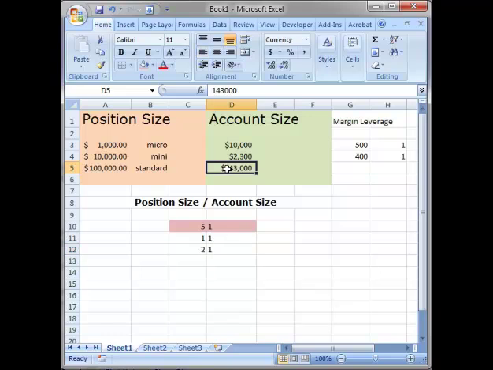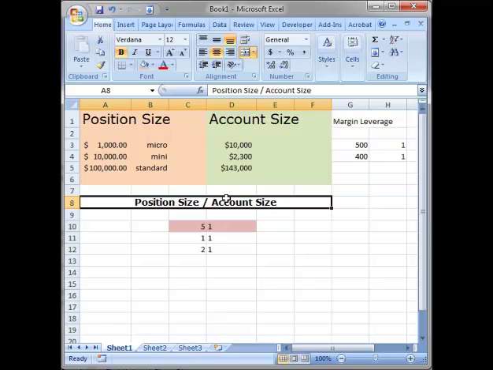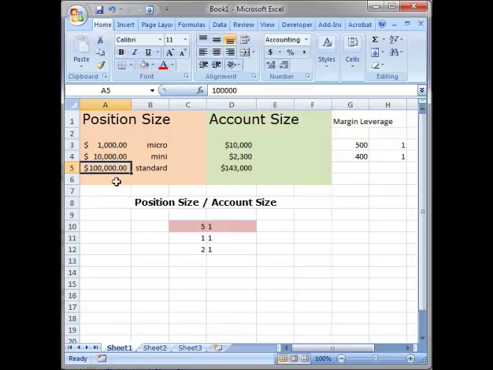If we had $143,000 in our account and we had, let's just say, 5 standard lots, what is our leverage size? And this is what we have to do to calculate it. We divide our position size by our account size. So 5 times 100,000 is 500,000, right? Our account size is 143,000.